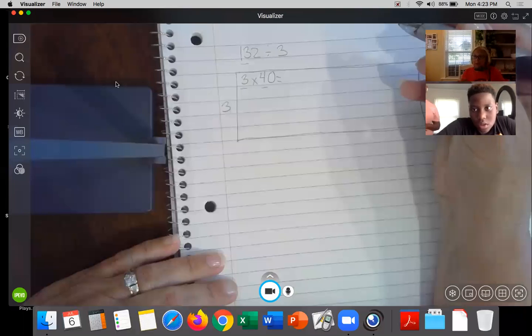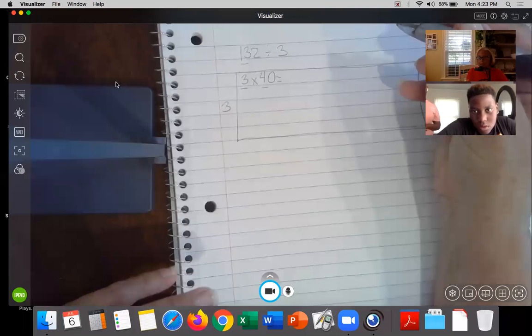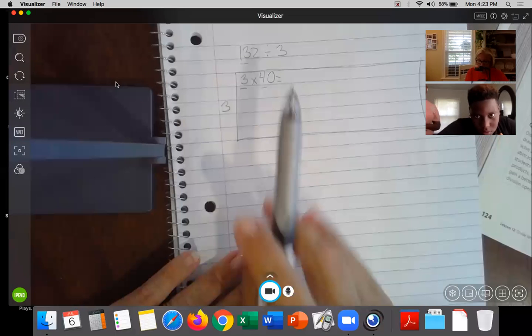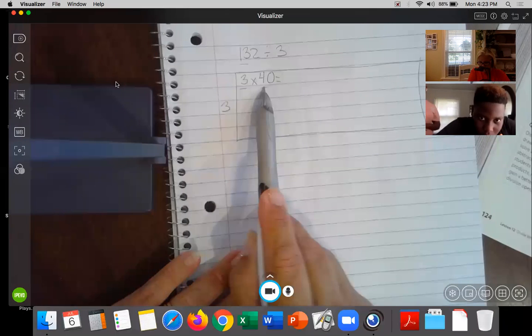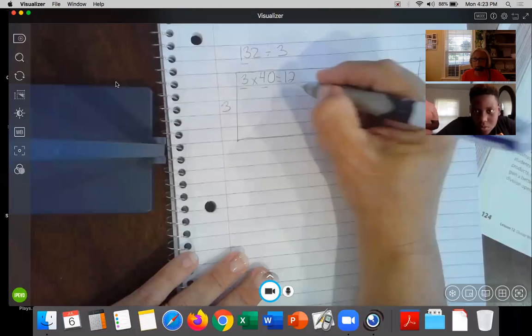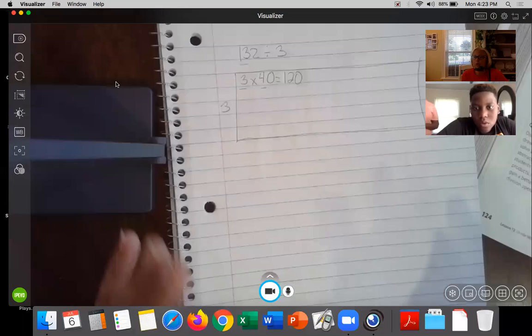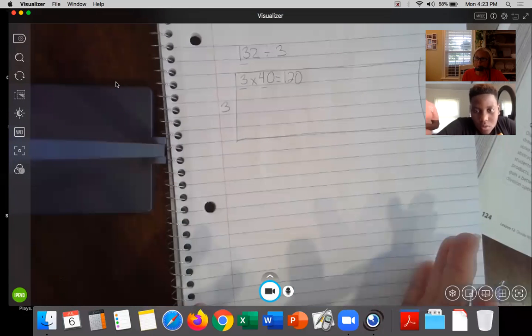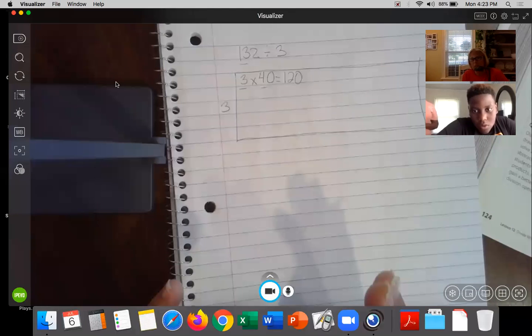Okay, but let me show you a little trick. And I'm sure Miss Neisler will show you this. But if you look at your basic fact, 3 times 4 is 12. And then if you just add that 0, you will get 120. So you were correct. I'm just trying to show you an easier way when you're doing multiples of 10. So you don't have to think so much, okay?